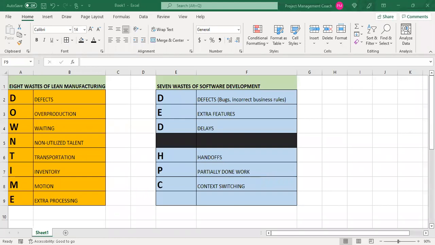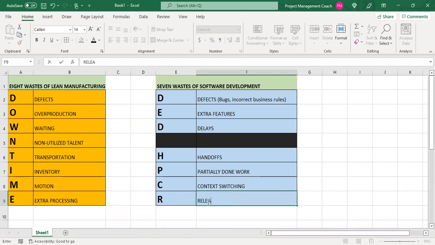All right, let's go to our final one here. Final one is extra processing. And extra processing in this world of software is relearning. And you could also refer to this as a waste of knowledge.